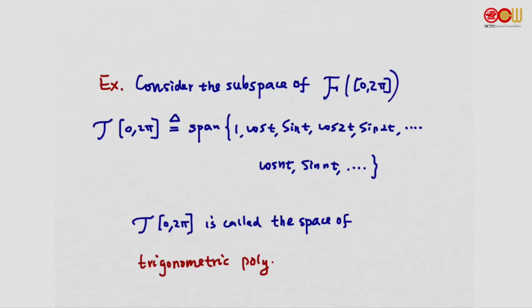And this subspace, also a vector space, is called the space of trigonometric polynomials.